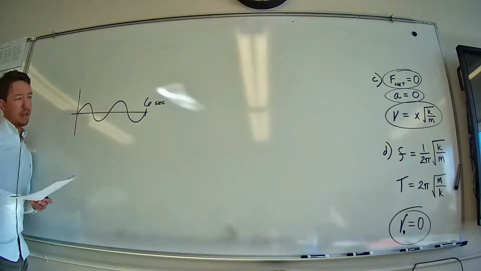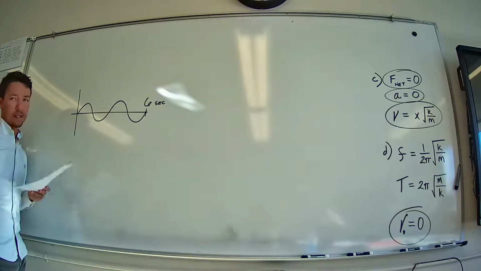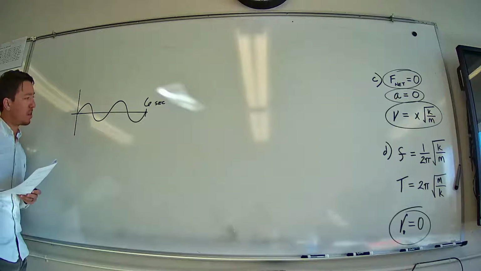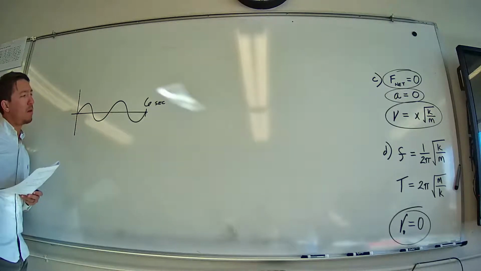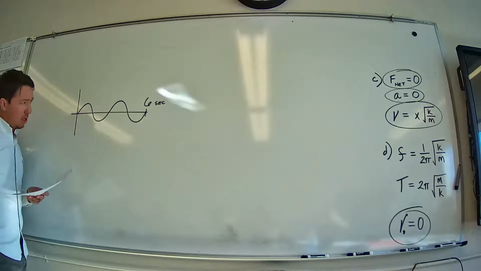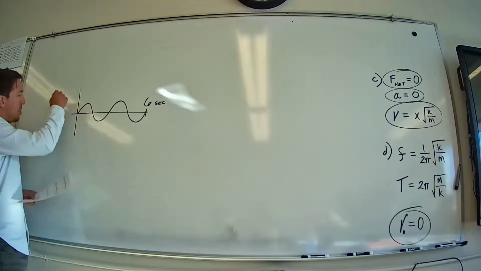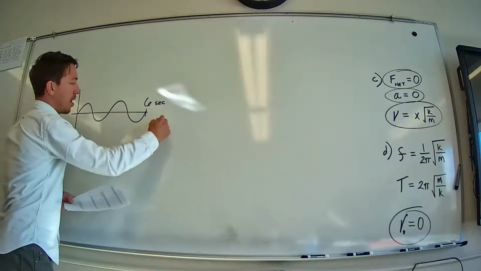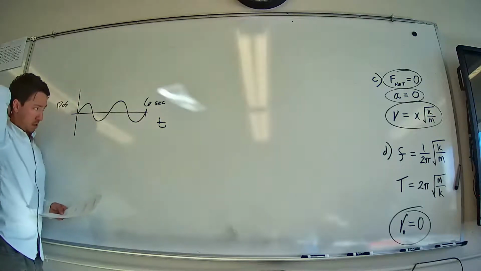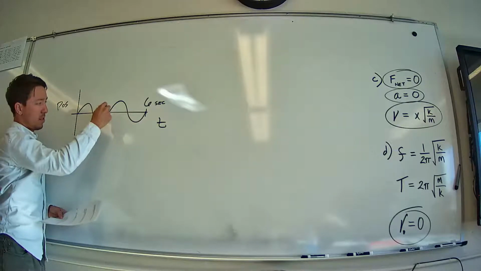So what's the graph telling us? What quantity is the graph giving us information about? Well, we know the time, and then we also know the mass. So if this is the position versus time, I'll give you a hint.